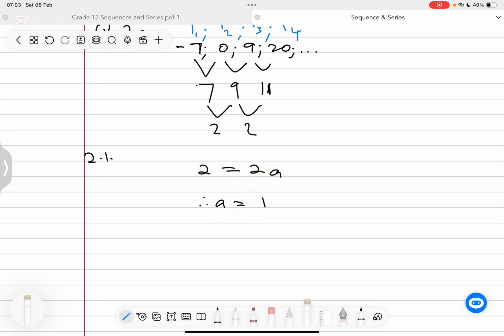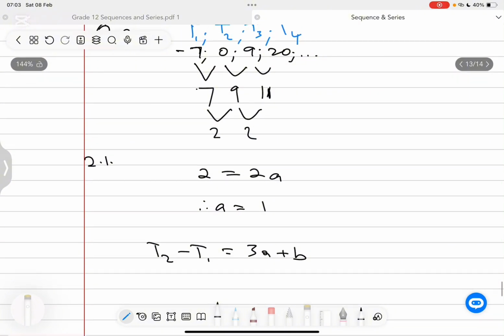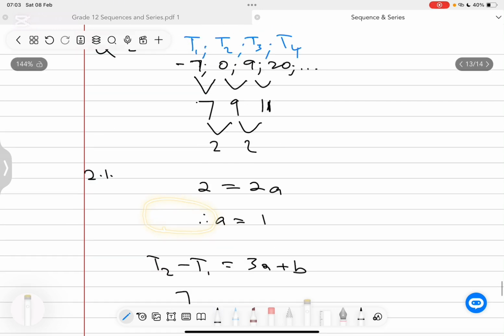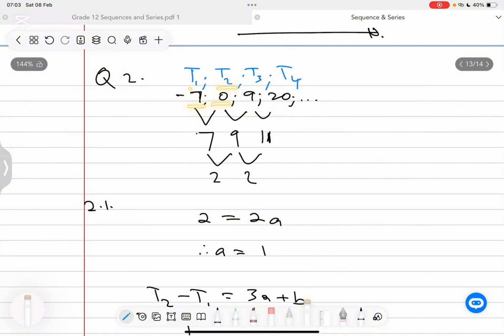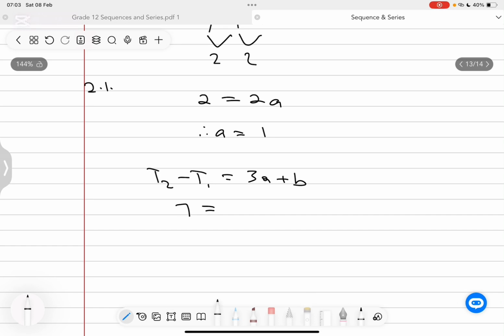We also know that the first difference, meaning if I take term 2 and subtract term 1, I always get 3a plus b. But we know that the first difference in this specific sequence is 7. So 7 is equal to 3a plus b.